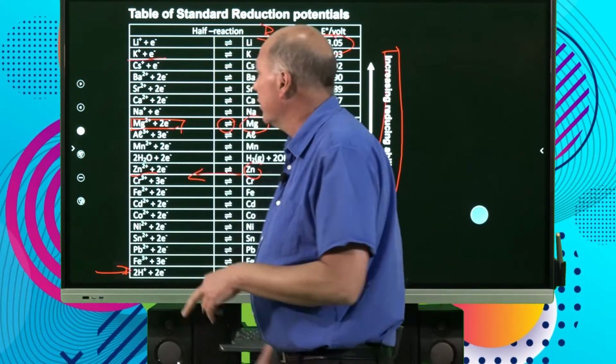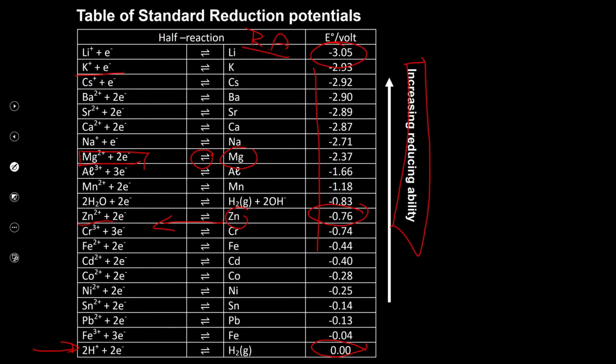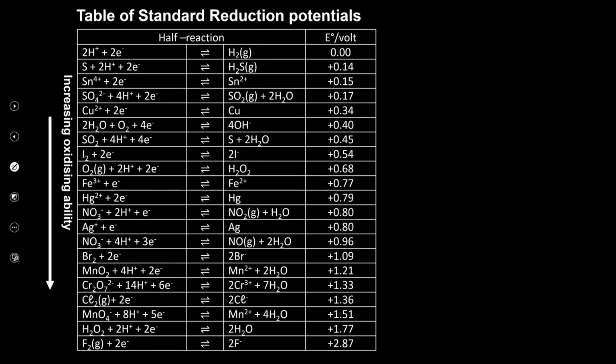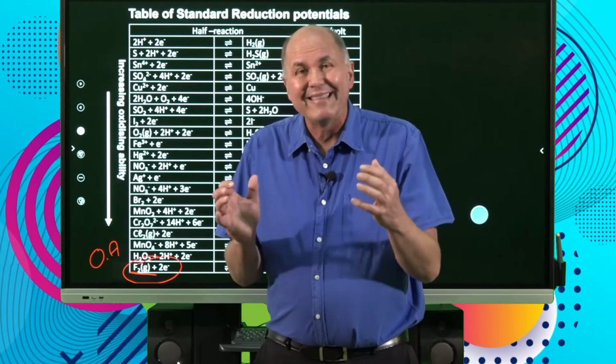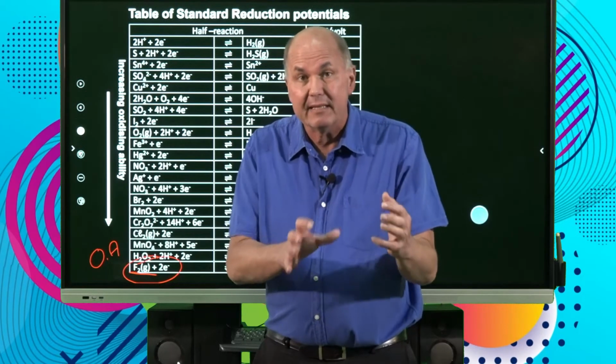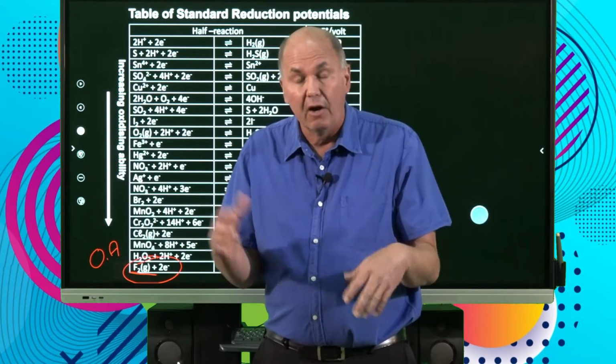Now, if we go to the next table, it's the other end of the table. And the clear thing here is on the left-hand side, you'll see fluorine. So fluorine is the most reactive nonmetal halogen, and it's also the strongest oxidizing agent. Please take note that when we talk about an oxidizing agent, we're talking about the thing that we see on the left-hand side of the table.